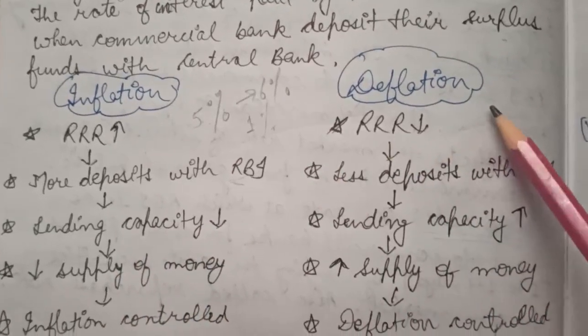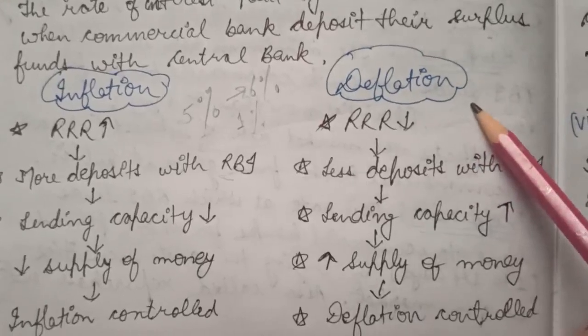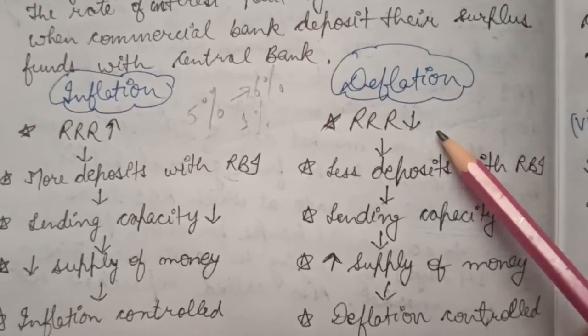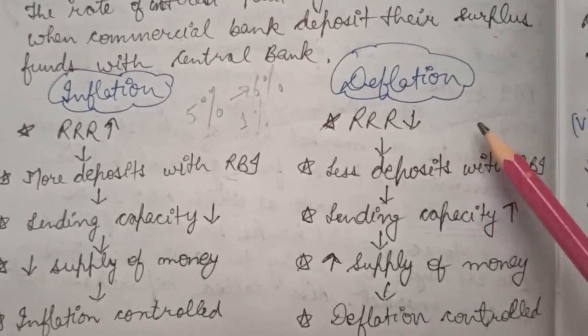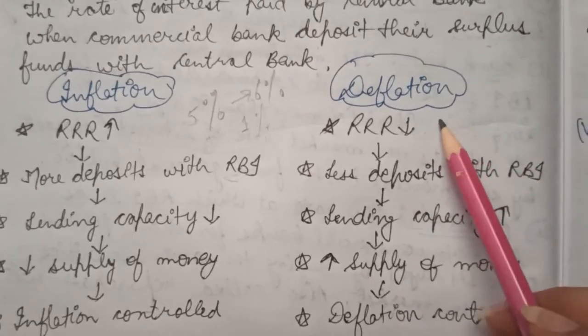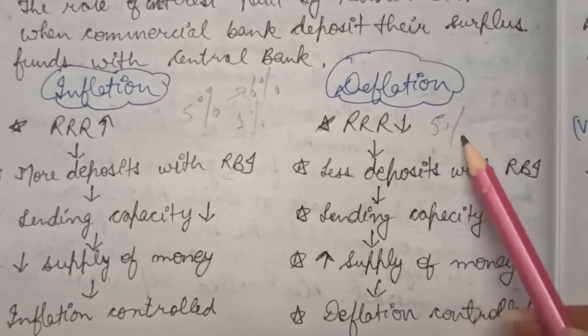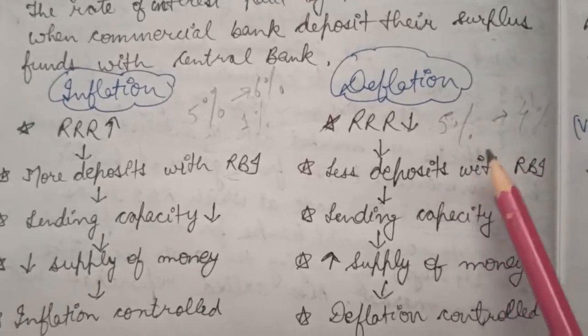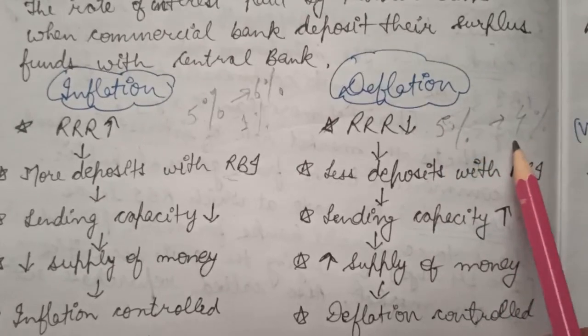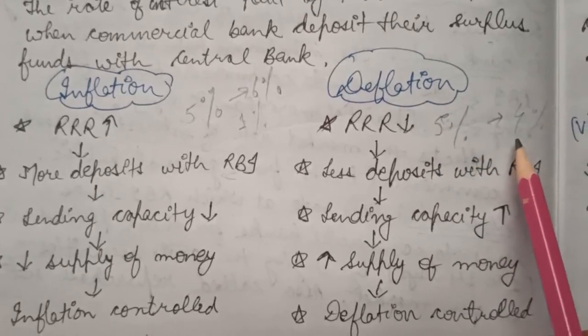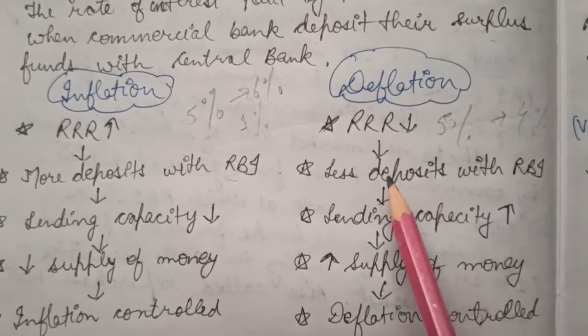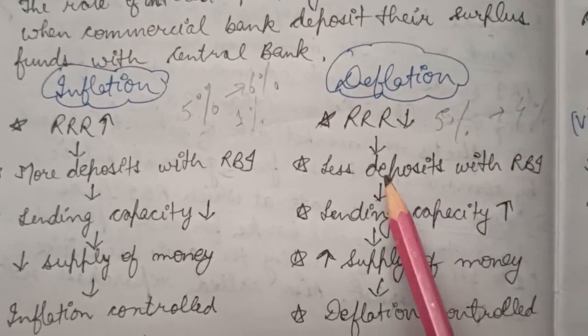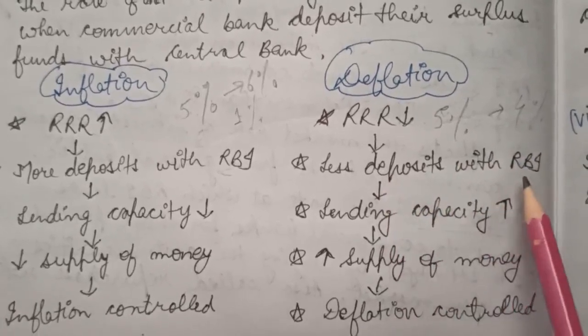Now in case of deflation, what the Reserve Bank of India will do, they will decrease the reverse repo rate. That is, suppose when earlier the rate was 5%, now it is decreased to 4%. Now with the decrease in the reverse repo rate by 1%, what the commercial banks will do, they will not prefer keeping the deposits with the RBI.